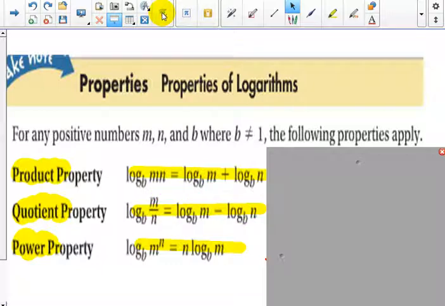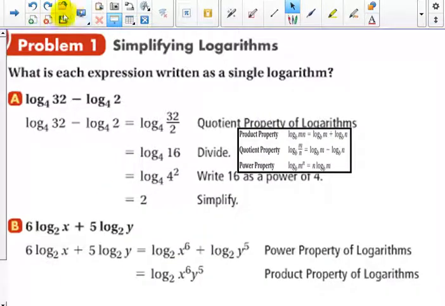And next, we've got the power property, which says if I have log b of m to the nth power, that's the same thing as saying n times log b of m. So basically, this little n right here is getting pushed out front and deleted from the exponent. Okay. So let's look at these things in action. Let's apply them.